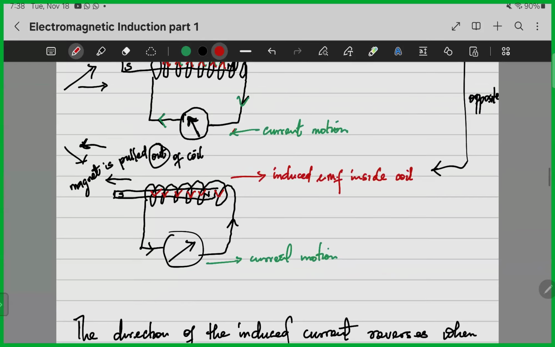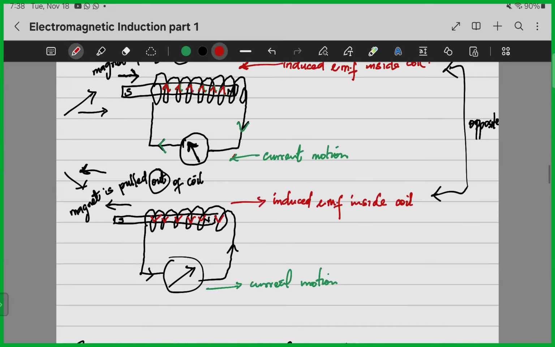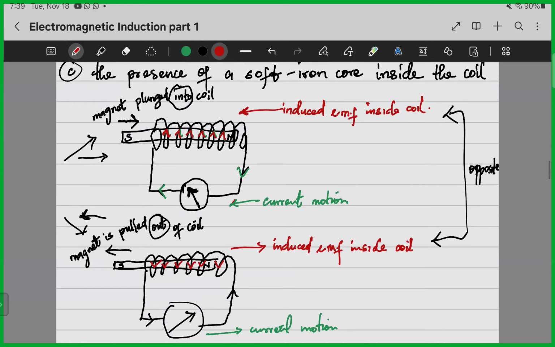So the Lenz law states that the induced EMF is in such a direction as to oppose the motion or change producing it.